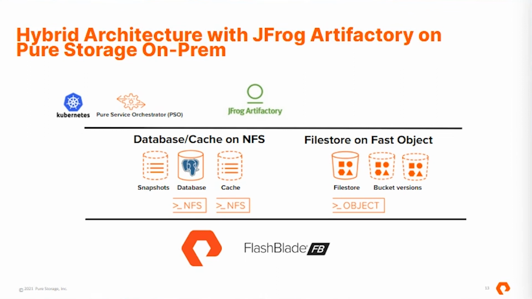Now, there are a couple of things here. First of all, we chose to go with NFS because there are some customers who say, I would like to use an HA proxy or some kind of load balancer where I can have two versions of my Postgres database pointing to the same NFS share, where I can actually do a failover.